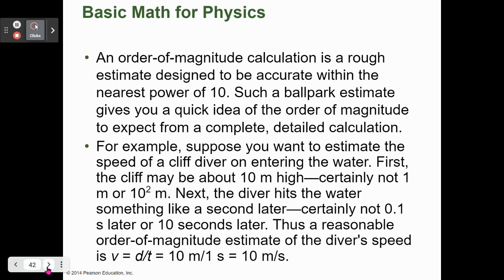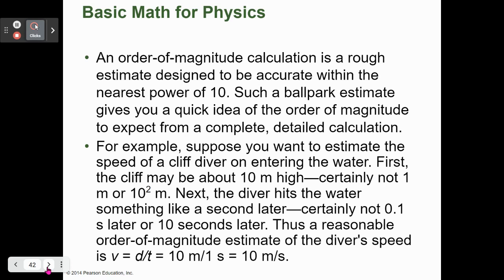Then the diver hits the water in something like 1 second. So again, we're going to estimate 1 second. It's probably not going to be 0.1 seconds because that's too short of a time. And it's probably not going to be 10 seconds because that would be a long time in the air. Okay? So we estimate 1 second.